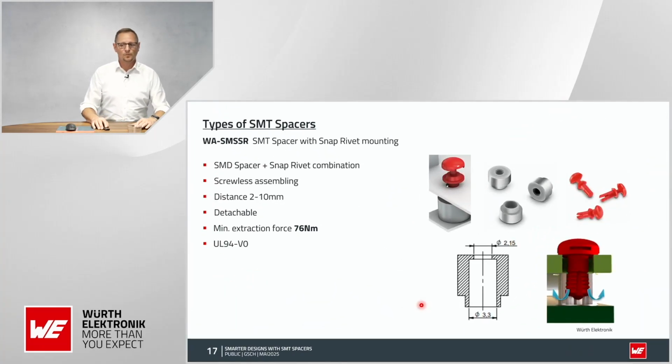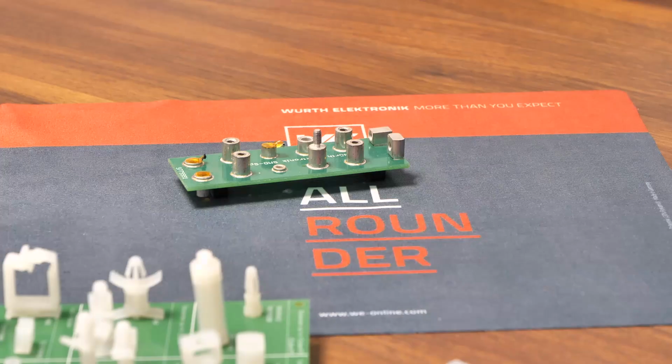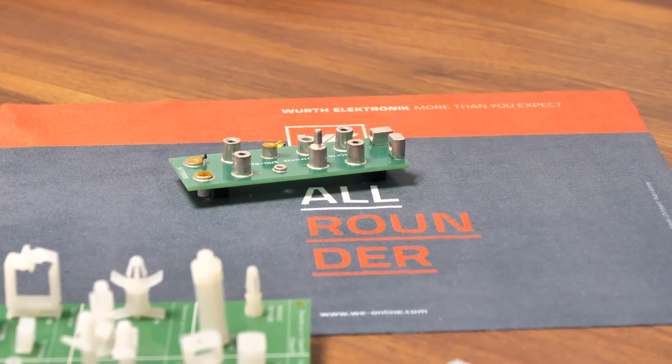So some more components for assembling or making life easier is this kind of SMT spacer with a snap rivet mounting. You can see it here in big. Showing it on the camera will not be very well visible.